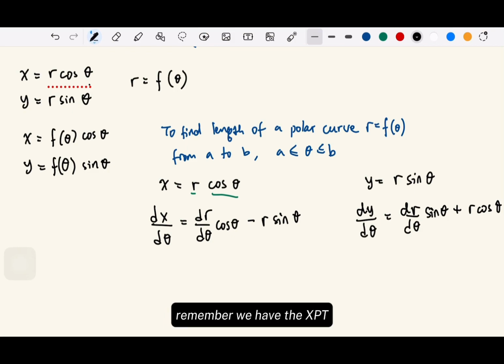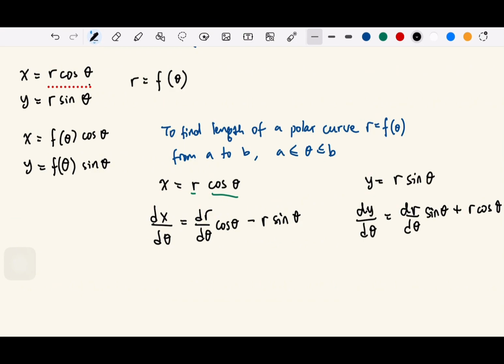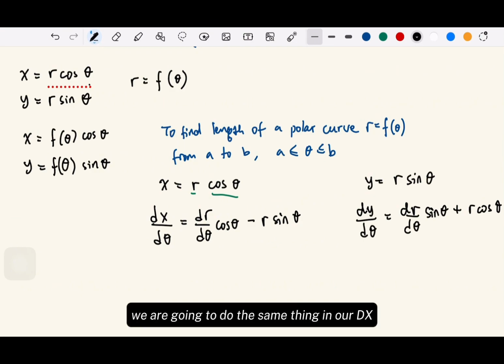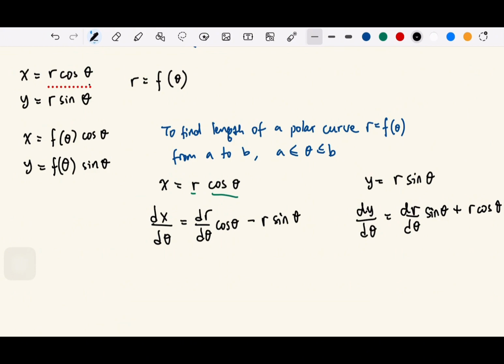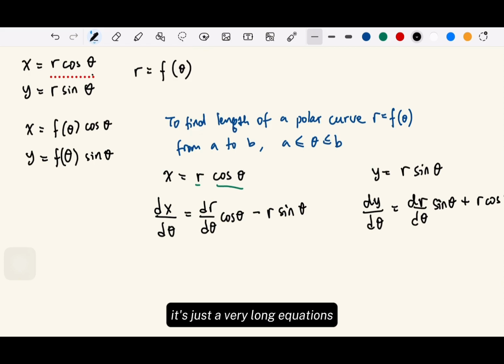Remember we have dx dt, dy dt, we square them, and then we have a square root, right? We are going to do the same thing with our dx d theta and dy d theta. So we are going to square it, and it's getting a little bit long, but it's actually not really that complex. It's just a very long equation.